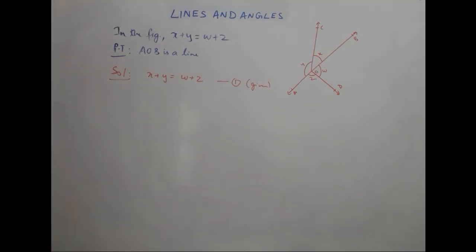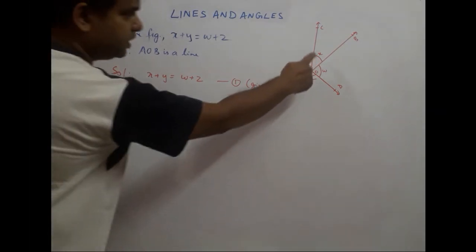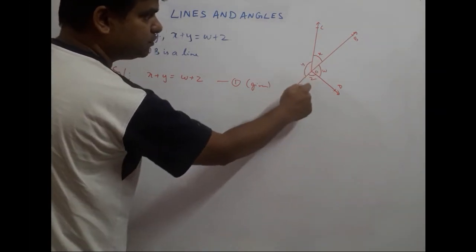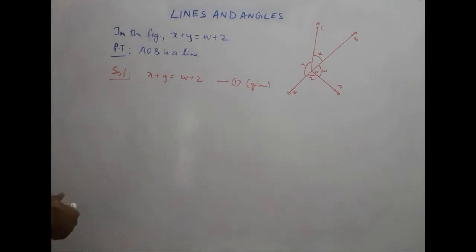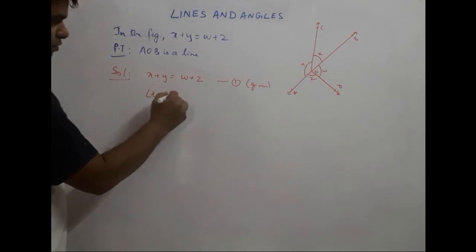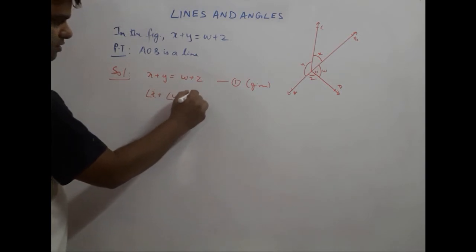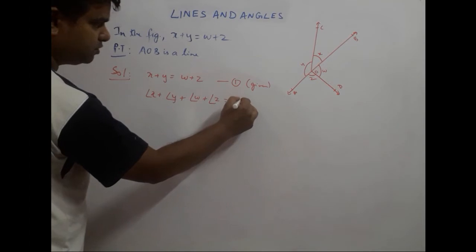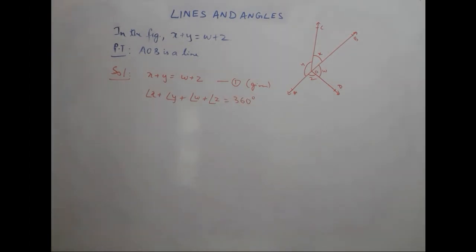We also know, if we have a look at this whole thing, that this full thing should form 360 degrees. So we can easily take this as the angle x plus angle y plus angle w plus angle z should be equal to 360 degrees, right?